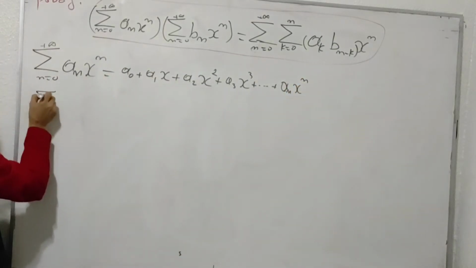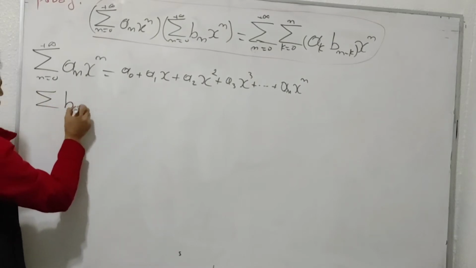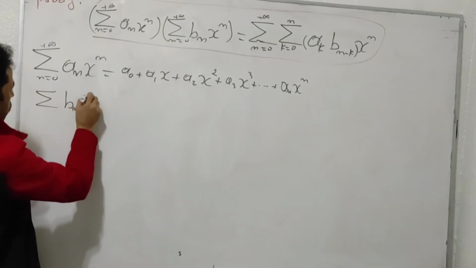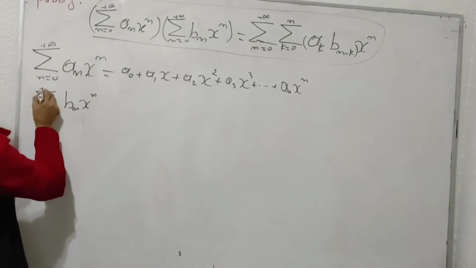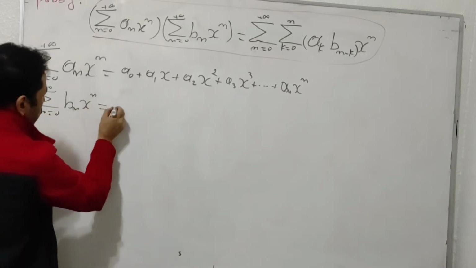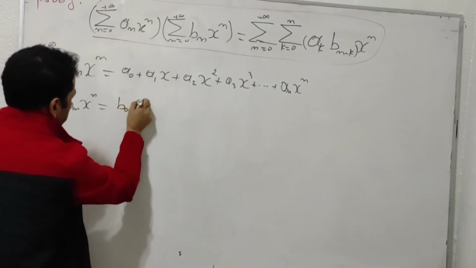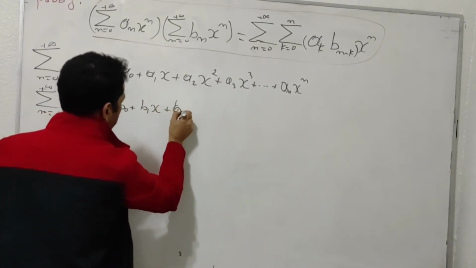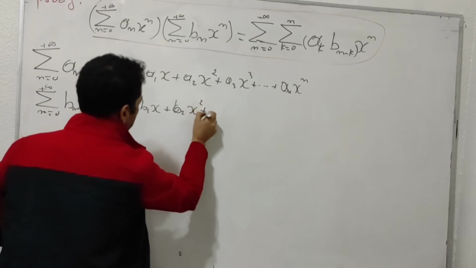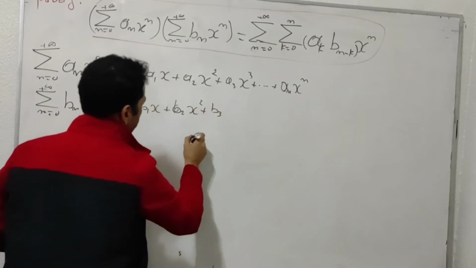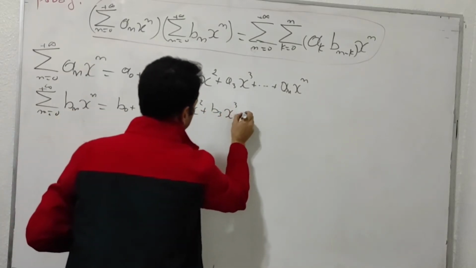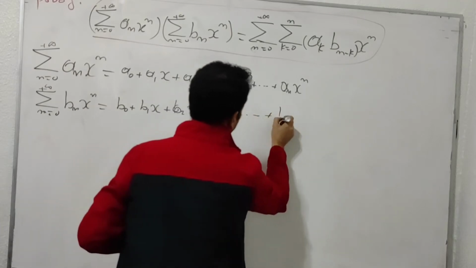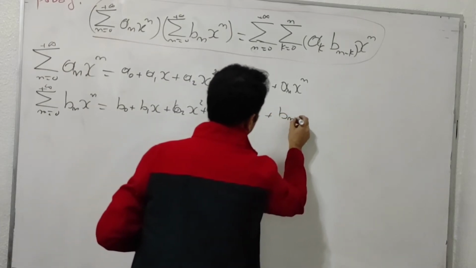Same thing with the power series B sub n x to the n, as n goes from 0 to plus infinity, equal to B sub 0 plus B sub 1 times x plus B sub 2 times x squared plus B sub 3 times x cubed, and so on and so forth until you get the last term, B sub n x to the n.